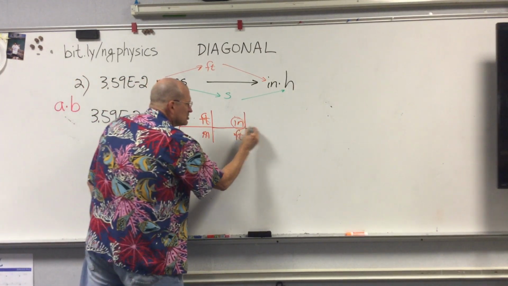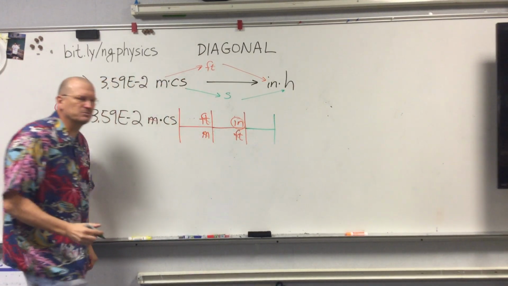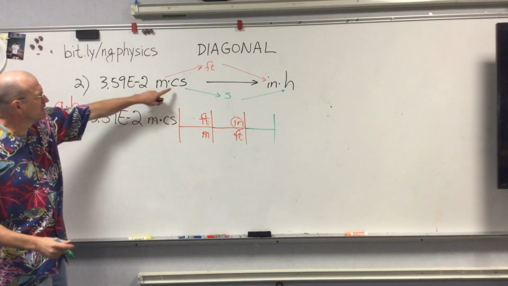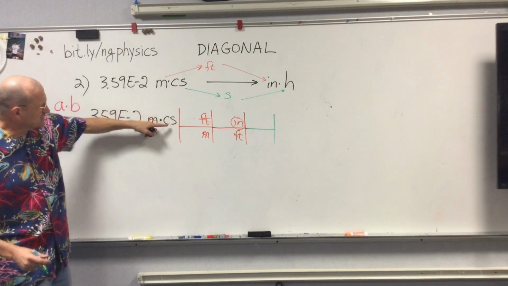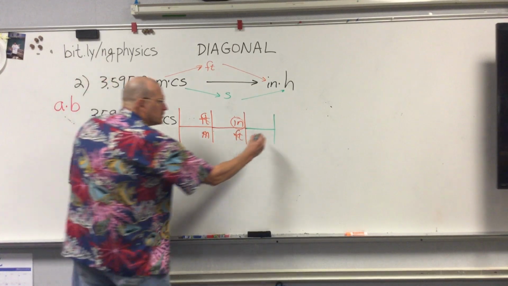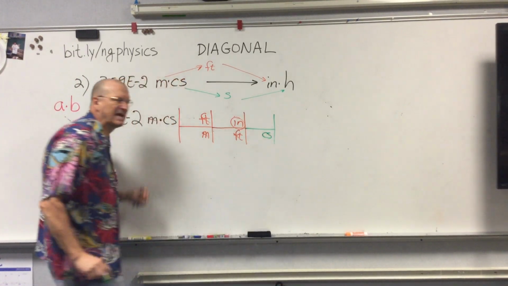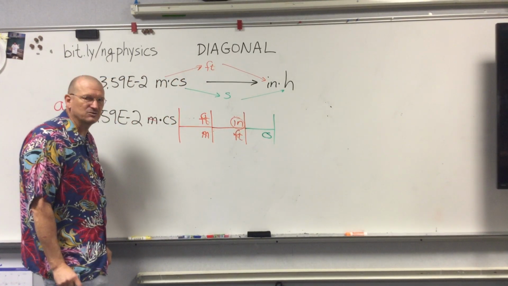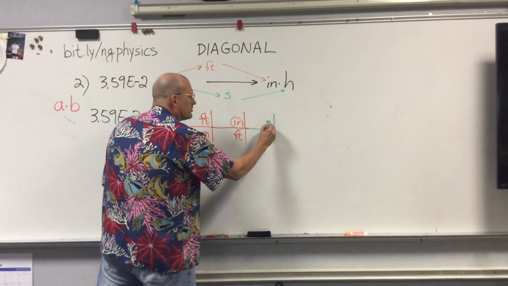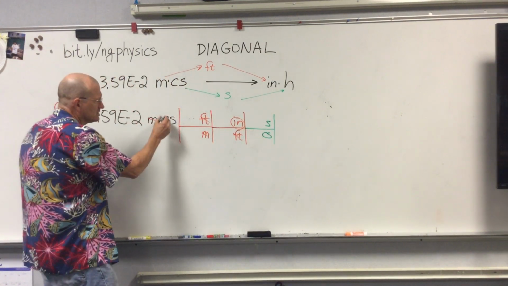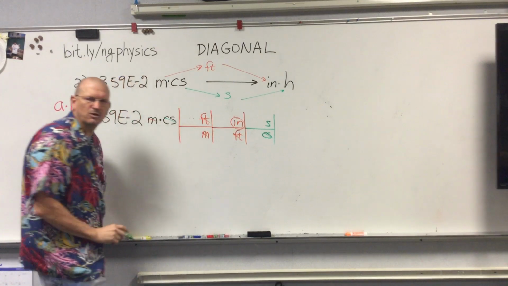So I'm going to transition to green here, and there's my first green magic H. If I want to get rid of centiseconds, remember it is in the numerator, which means it needs to go down here in order to be diagonal to cancel. And I'm going to convert that to seconds so that this would cancel that.